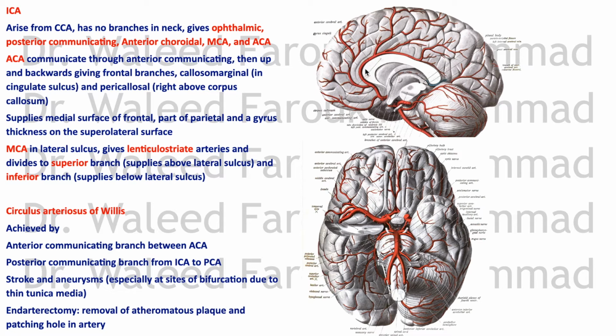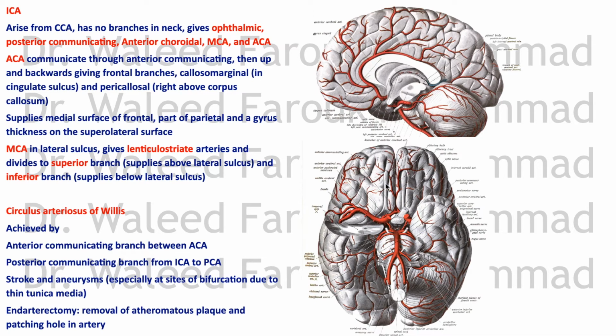Gives a prominent callosomarginal branch, as you can see here, that supplies, remember, the paracentral lobule, the one that has the sensation and motor function for the lower limbs, and the callosal, there's a callosomarginal in the cingulate sulcus and a callosal or pericallosal right above the corpus callosum. This is the anterior cerebral artery.